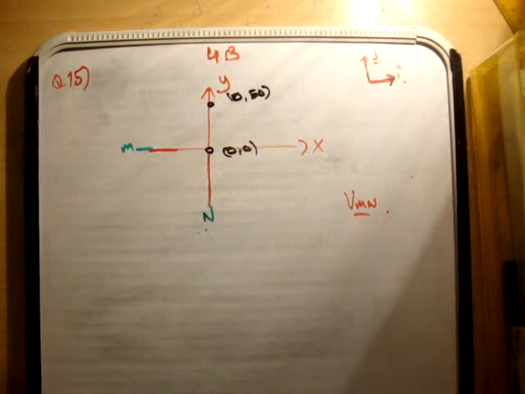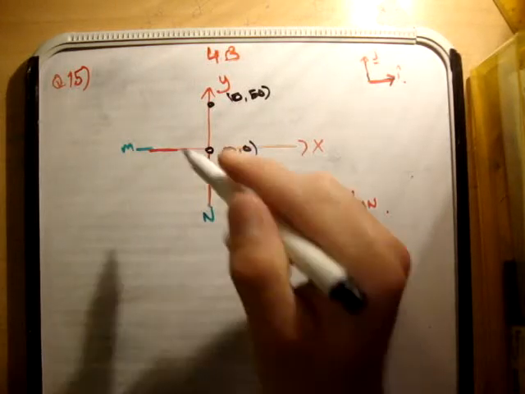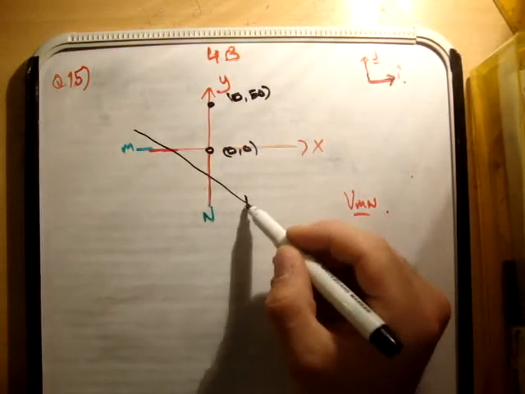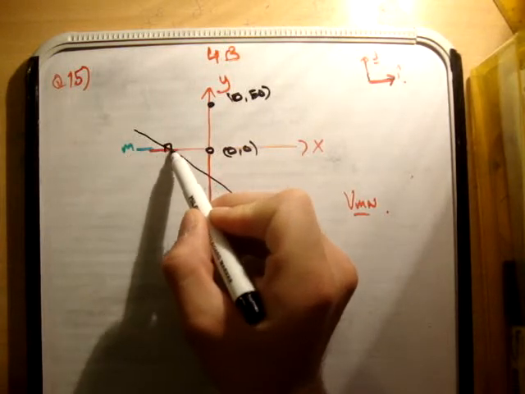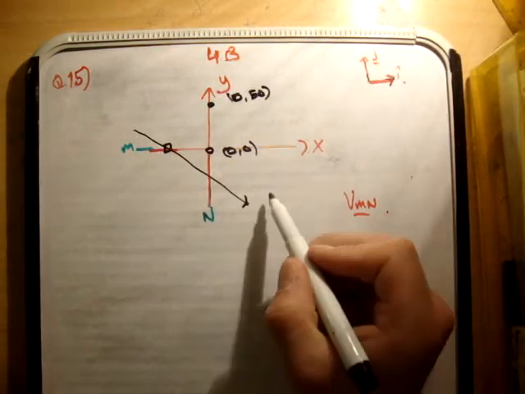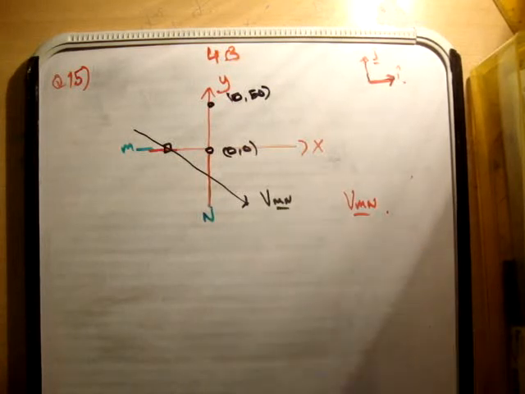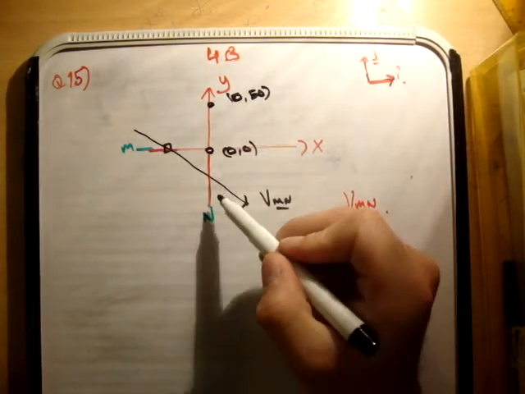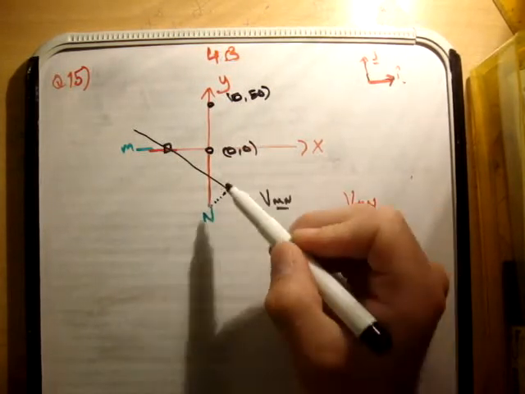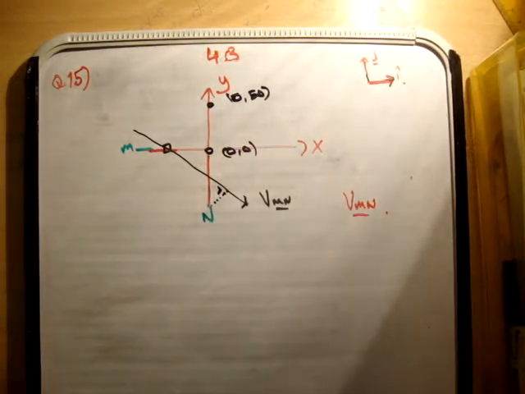So let's draw what Vmn looks like from N. It looks something like this. We'll say this is M here. That's Vmn. And the distance of closest approach is when there is a 90-degree angle between these two lines, like that. So we're trying to find this distance I have in dotted.